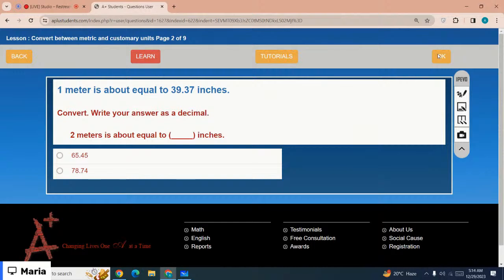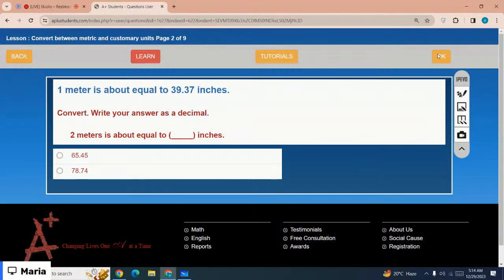One meter is about 39.37 inches. So 2 meters is about equal to how many inches? So you are given the basic conversion for 1 meter, right? You have to see for 2 meters. So what you need to do is 2 times 39.37.